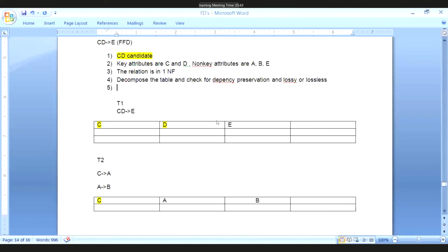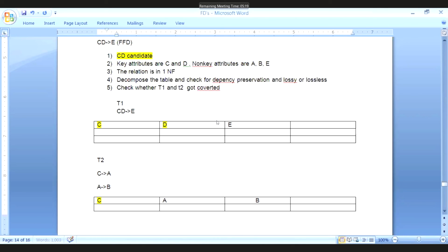Now, if correct, then what do I have to check? I was converting it into 2NF, isn't it? So check whether it got converted. Which ones? The decomposed tables, T1 and T2.